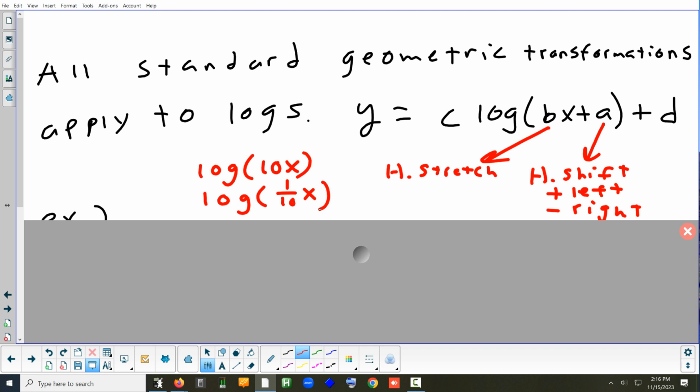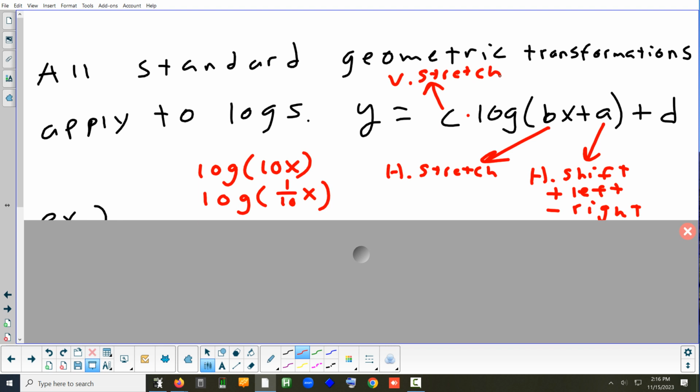What about C? Vertical. Right, now we are outside the argument. When you get outside the argument, now you're in the vertical. And it's multiplication. So it's a vertical stretch. And that is not backwards. With the vertical stretch, if you put a big number in for C, it stretches it bigger.